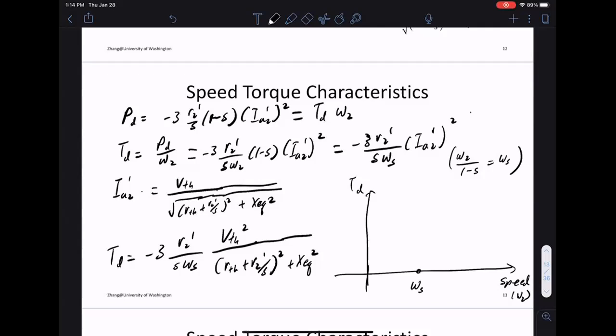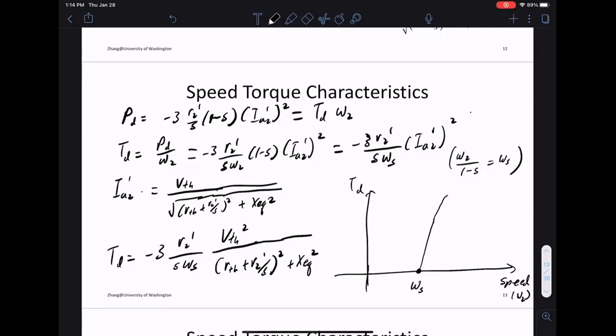When S is very small, basically the square term dominates, and that becomes very large. So at synchronous speed, you get 0 torque.